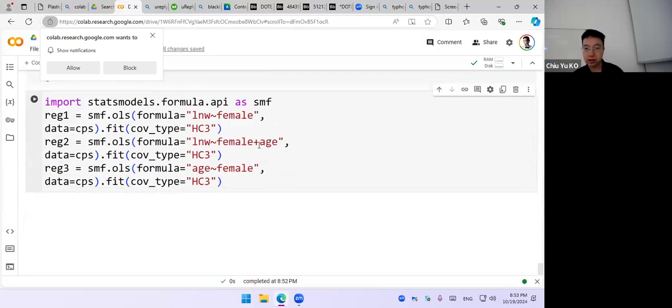I want to run this. I'll make a slight change. Sorry, I think that would be better. The first regression I run is the female one, which we already ran, and age. I run age plus female. I think this is better. I want to look at this.